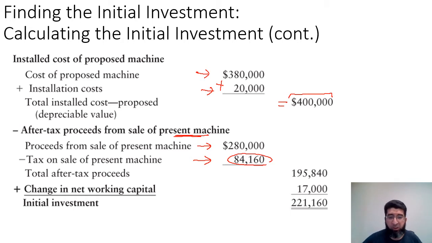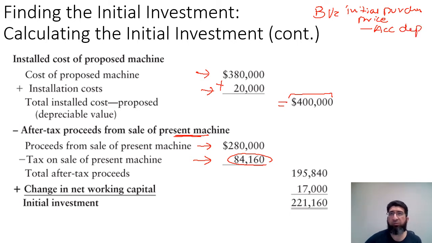So how do we calculate the book value? Book value equals the initial purchase price minus the accumulated depreciation. This is how we calculate the book value.